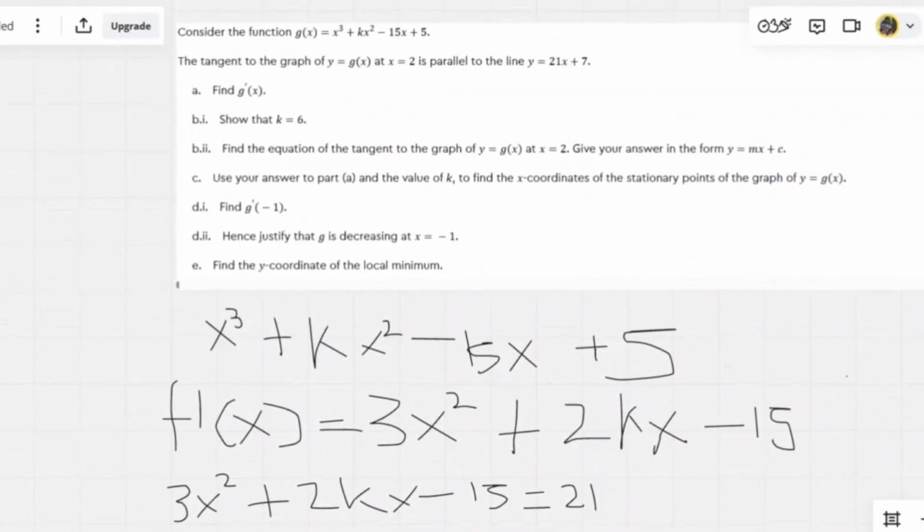And it also gives us y equals g of x at x equals 2.